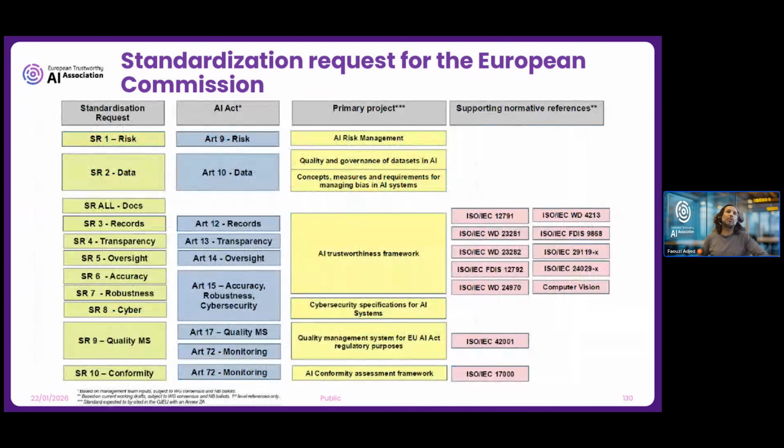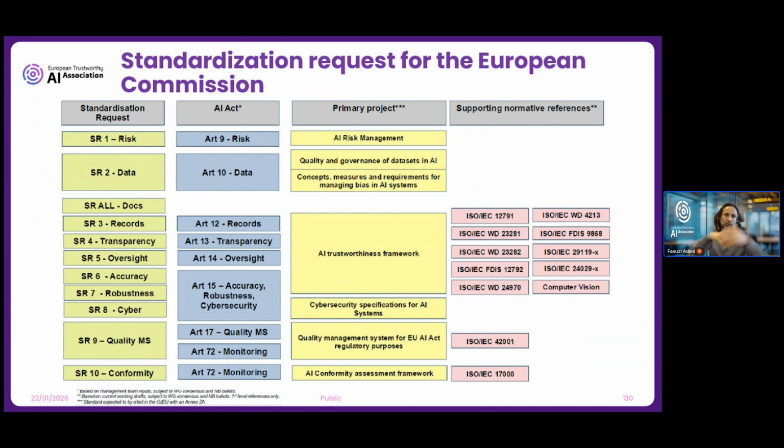This standardization request was organized by JTC 21 as follows. We have articles. Of course, there are more than 100 articles in the AI Act, but the European Commission asked only for these articles. In the primary projects, as you can see, there are harmonized standards proposed by JTC 21.